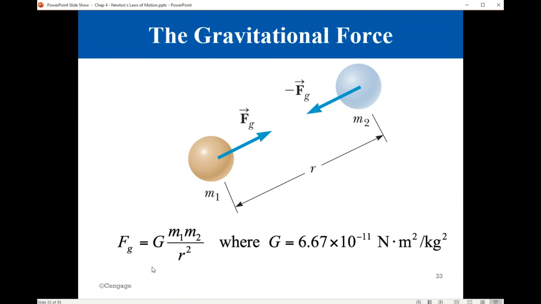The proportionality constant here is G. It is called the gravitational constant, the universal gravitational constant. For SI units, it is 6.67 by 10 to the minus 11 in Newton meter squared per kilogram squared. Okay? This is the universal law of gravity.